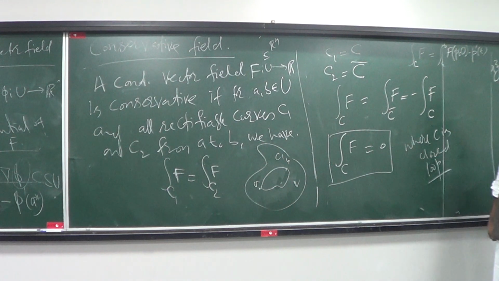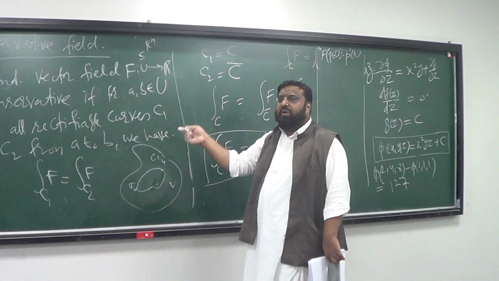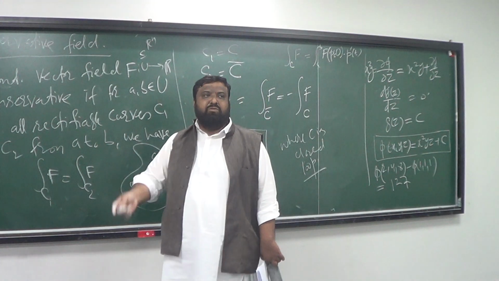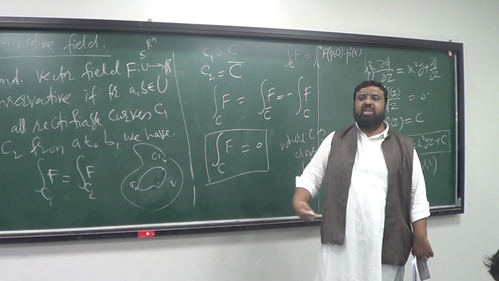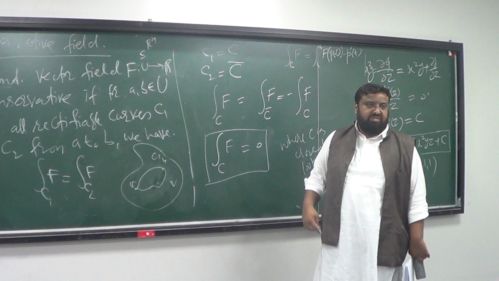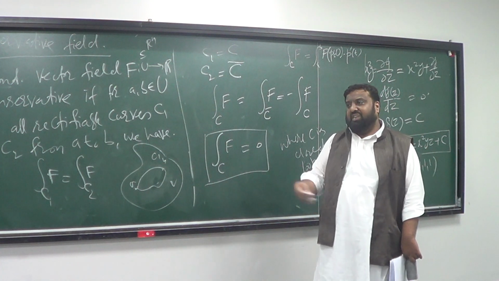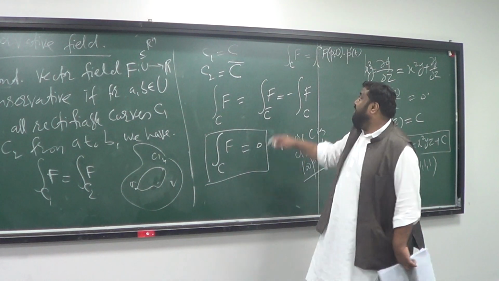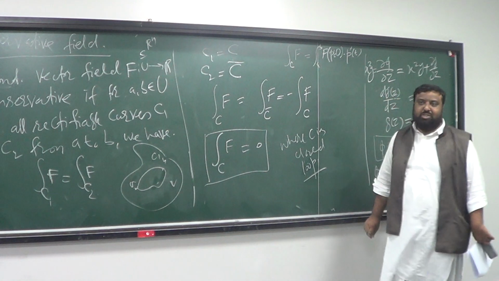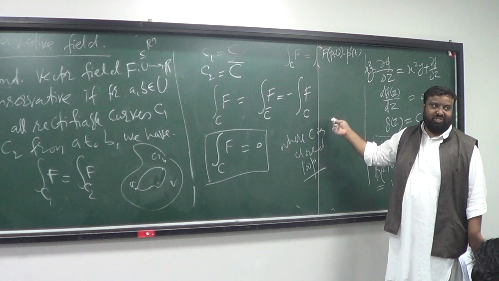Now imagine this p is the path of a particle, a trajectory of a particle. Then p prime of t represents the displacement. And assume that F is force, for example gravitational force. So you are taking the dot product of the force with the displacement. It's a work.